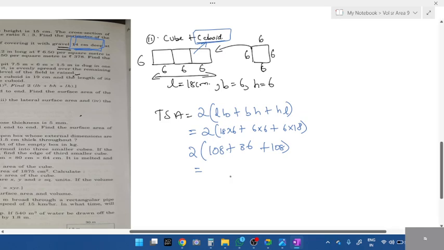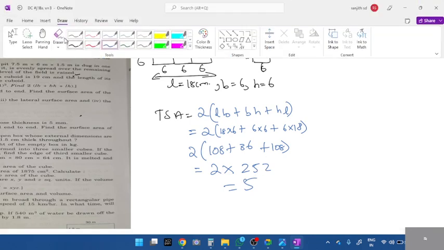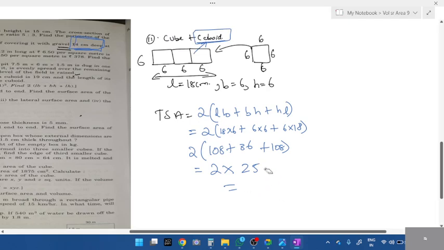What's the answer, Bhargavi? Oh, for this 2 into... 255? How come 255? See, 108 plus 108 is 216, plus 36.